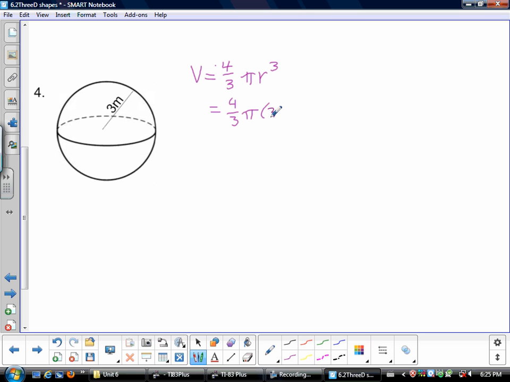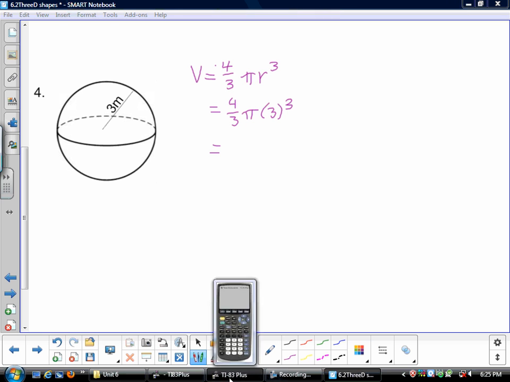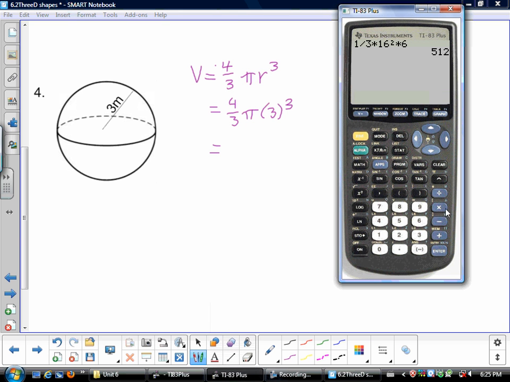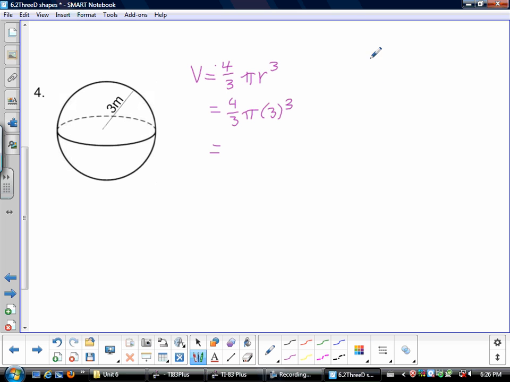3 cubed. Now what I'm going to show you, and just to kind of review, on your calculator, if I want to cube something, there will be a button. On my graphing calculator, it's this little caret button. It's called a caret button. On other calculators, it's something different. So just to the side, just so that you understand where the power button is.